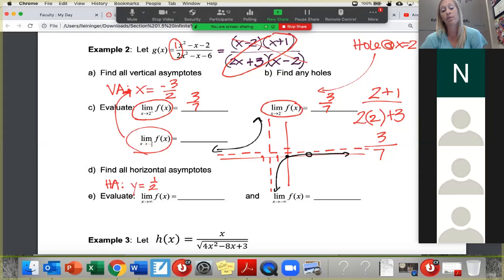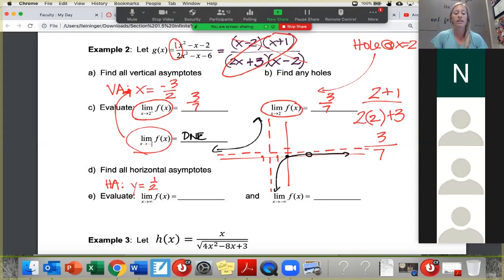It doesn't ask from the right and from the left. It doesn't exist, right? Because the two branches, one goes off to infinity, one goes off to -infinity. So always, at a vertical asymptote, your limit is not going to exist.